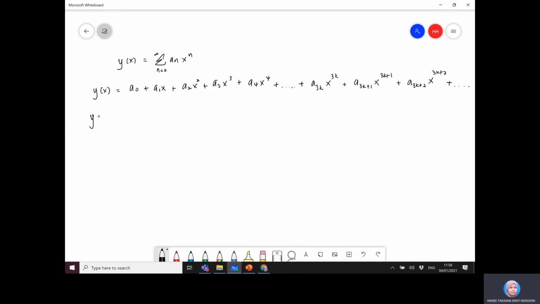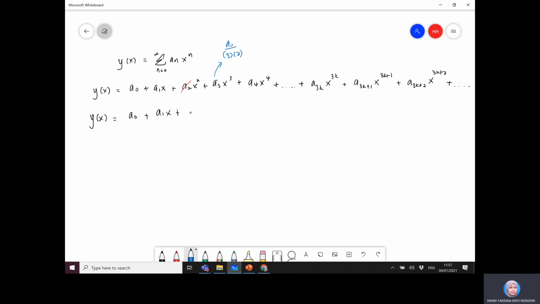So y of x equals a naught, which we don't know, plus a1x plus a2. So a2 is 0, a5 is 0, a8 is 0. But now let's stick to the terms that we see here. And then a3. A3 is a naught over 3 times 2, right?